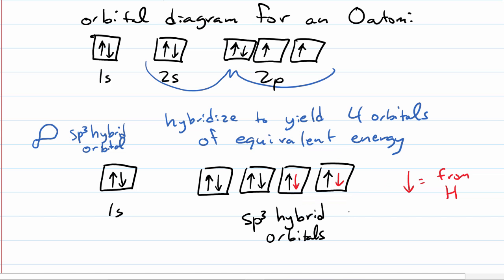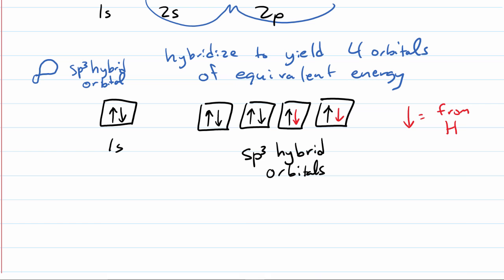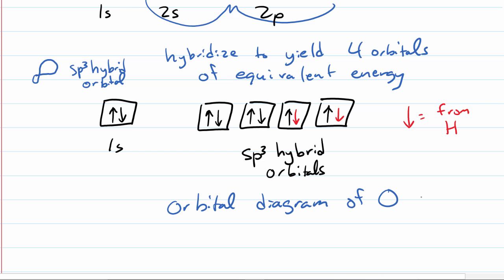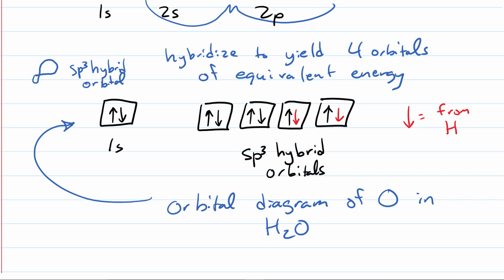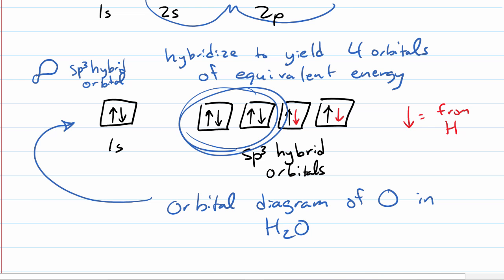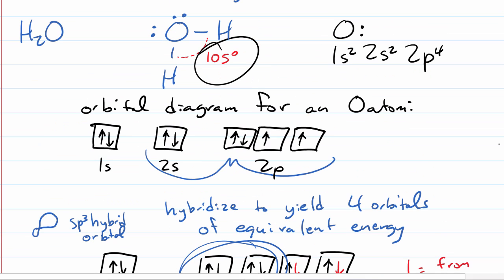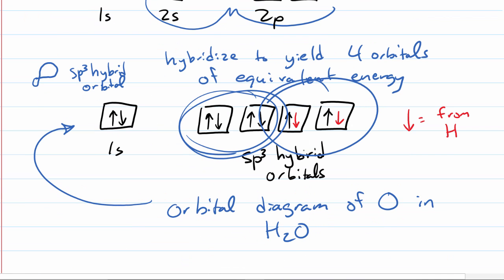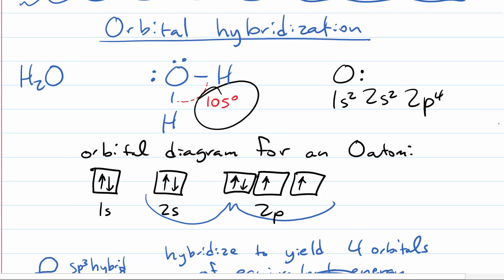So what this represents is an orbital diagram of oxygen in H2O, where these 2 here represent the lone pairs, and these 2 here represent the bonding pairs.